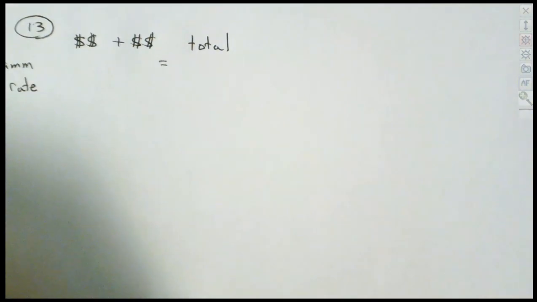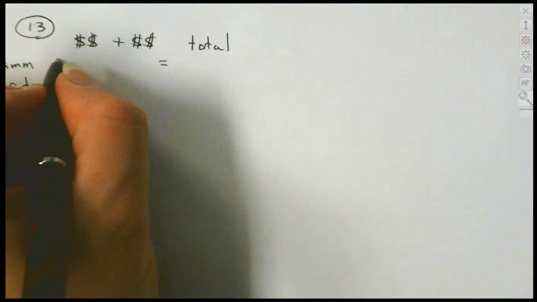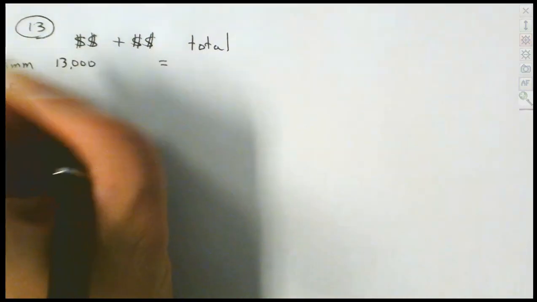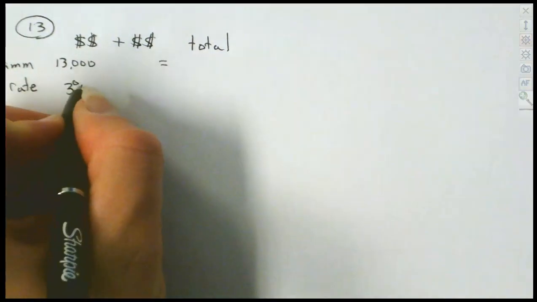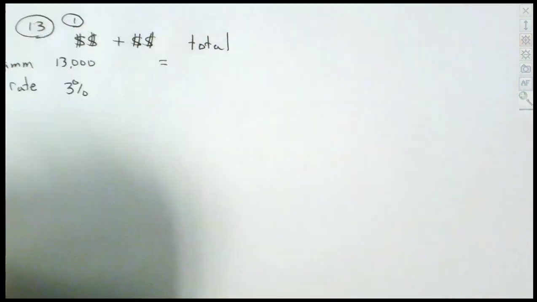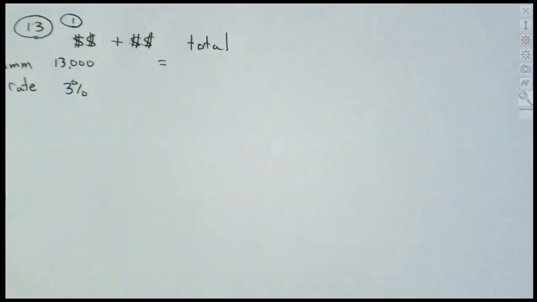Wait, wrong one. Let me look here. $13,000, yep, pays 3%. So our amount is going to be $13,000. Percentage rate that it pays is 3%. Is everyone okay with how I picked that piece up? Right? Got $13,000. Interest rate is 3%.